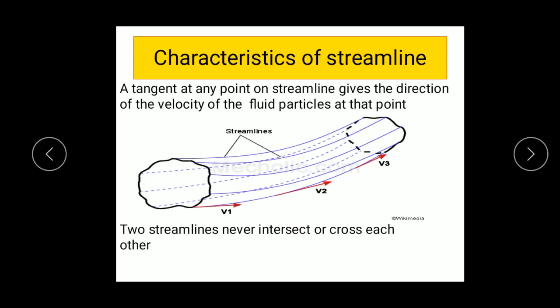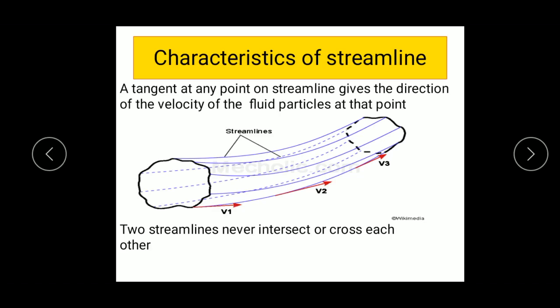Now what are the important characteristics of streamline? First, a tangent at any point on the streamline gives the direction of the velocity of the fluid particle at that point. So how do we find the direction of velocity of the fluid at any point? By drawing a tangent at that point on the streamline.